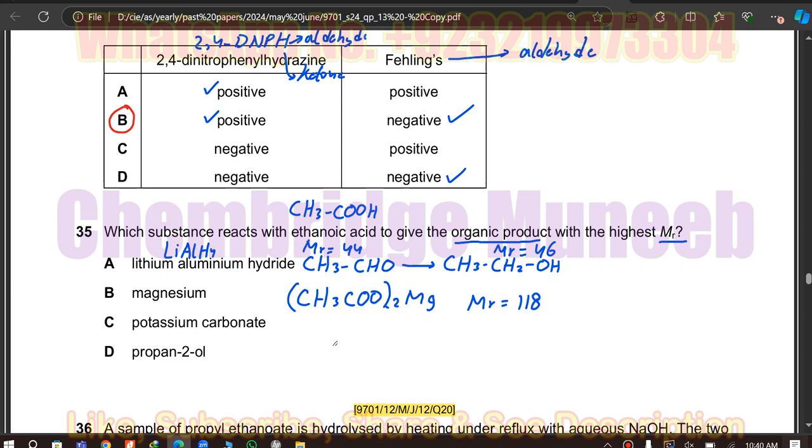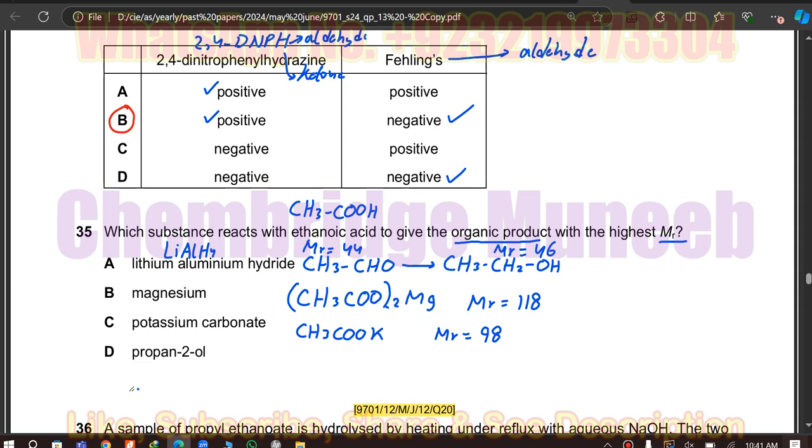Now with potassium carbonate, the product will be CH3COOK. The salt, there is just one potassium bonded with the ethanoate, and its Mr value is equivalent to 98. Then at the end, propanol.